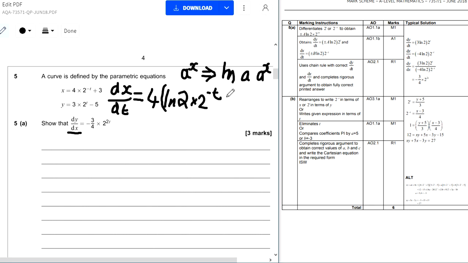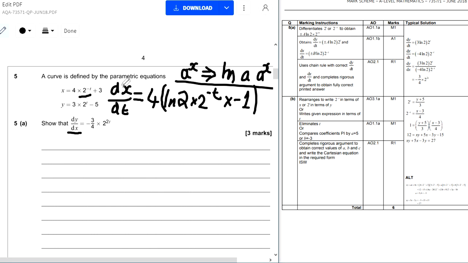But we also have to times by minus 1, because that is the differential of minus t. Because this is in terms of x, but this is in terms of t, so you have to times by dx/dt to cancel that in a chain rule.